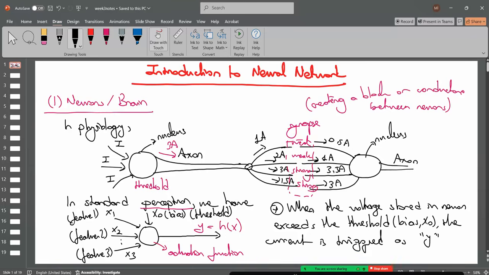This is the perceptron definition in the mathematical notation.